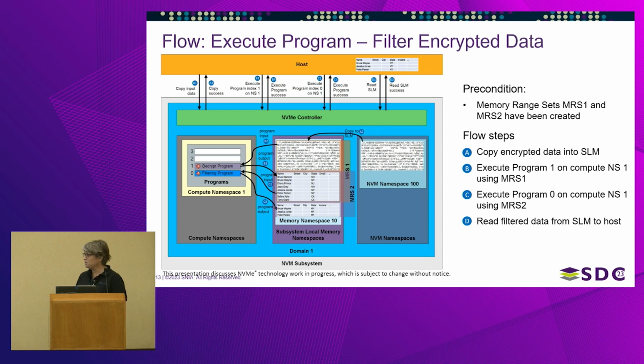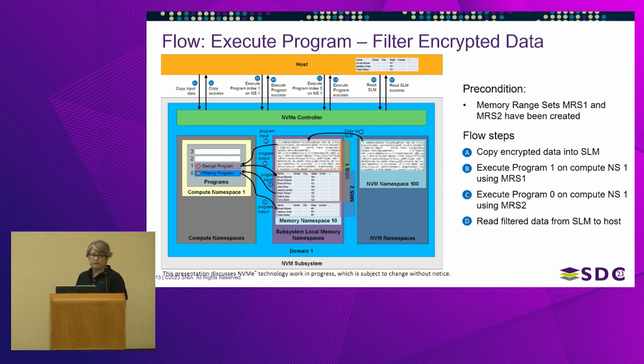The program runs and outputs the decrypted data into another place in Subsystem Local Memory. The places for the input and output data would have been passed down to the program as parameters. Once that's complete, that command succeeds, and the host is notified of the success of that command.